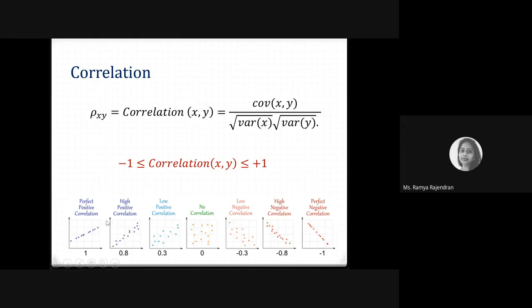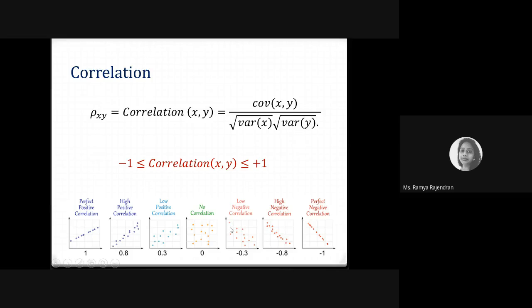When the value is around 0.8, you can say that is a high positive correlation. When the value is around 0.2, 0.34, you can call it a low positive correlation. When the value is 0, you can say there is no correlation. It's like the points are scattered around each other.